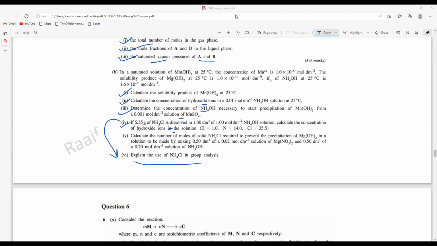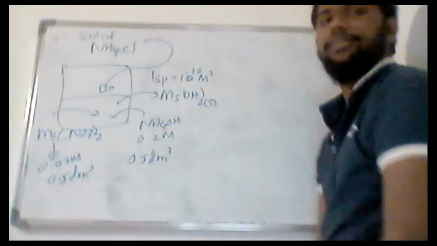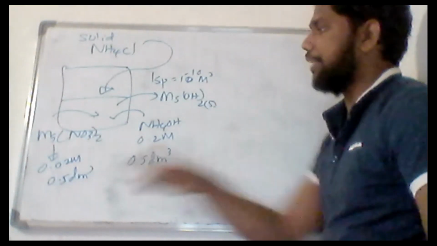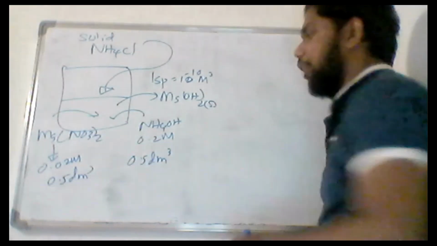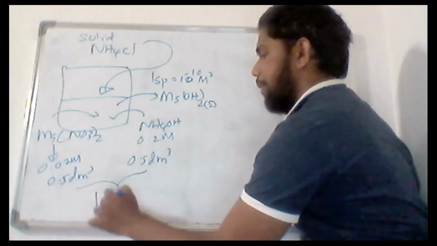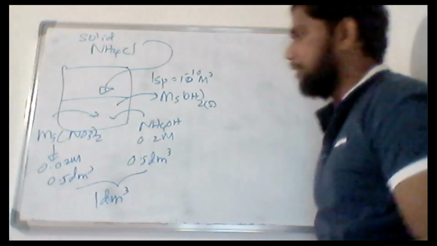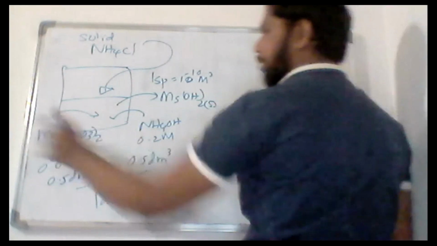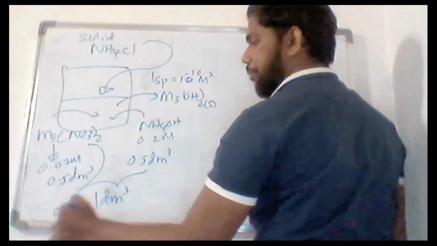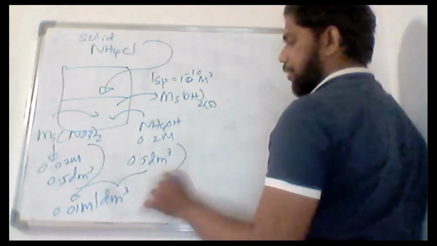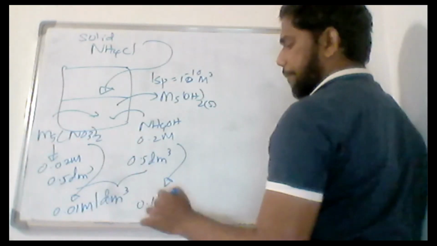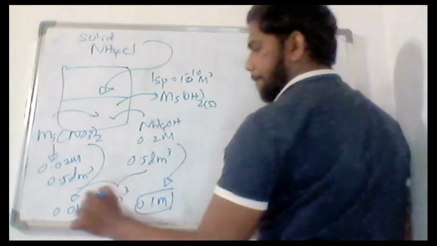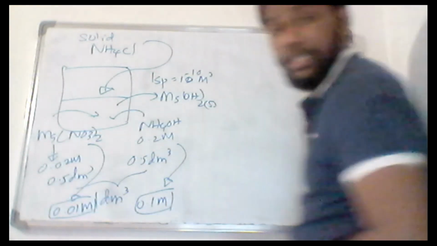I will stop sharing so that I can see the board as well. So the situation is clear. You mix these two, so the total volume will be 1 dm3. Since the volume is double for each, the final concentration of Mg(NO3)2 should be 0.01 M, and here it should be 0.1 M. Why?